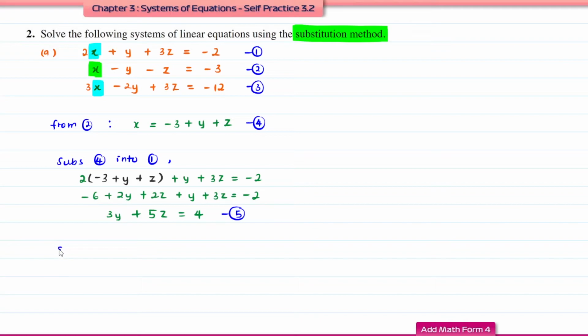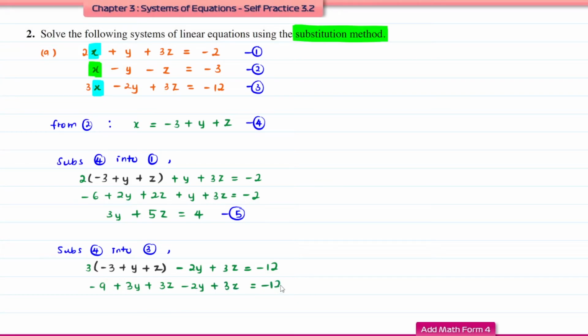So this we're going to label as equation number 5. So next, we're going to substitute equation 4 into equation number 3. So 3x, where the x we will substitute with negative 3 plus y plus z, minus 2y plus 3z equal to negative 12. Next, expand this one. You're going to have negative 9 plus 3y plus 3z minus 2y plus 3z equal to negative 12.